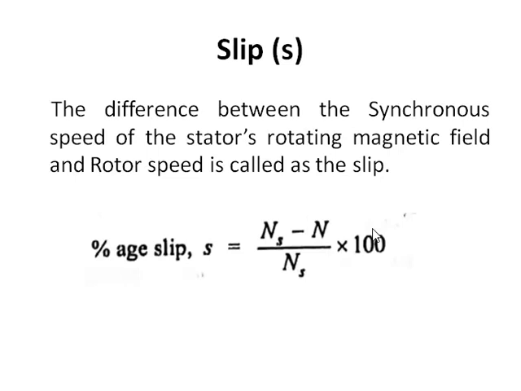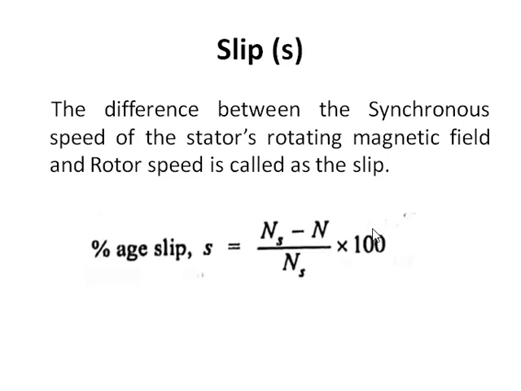So it induces an EMF inside each of the conductors. Since the rotor winding is a closed path, a current will start flowing in the rotor conductors. Now rotor conductors are carrying a current, and they are placed in a magnetic field. Whenever a current carrying conductor is placed in a magnetic field, it experiences a force.